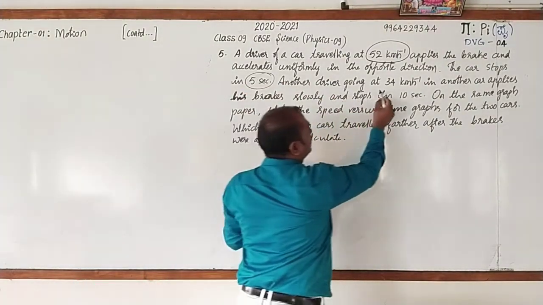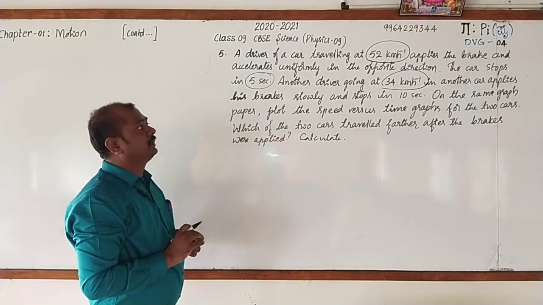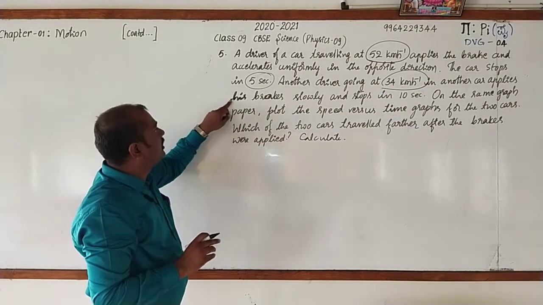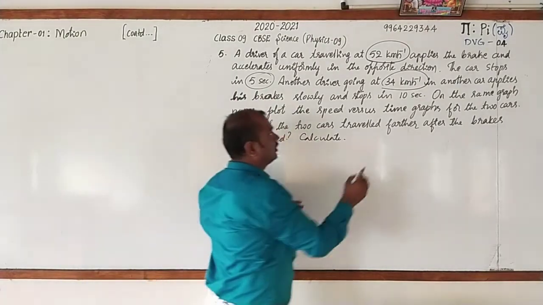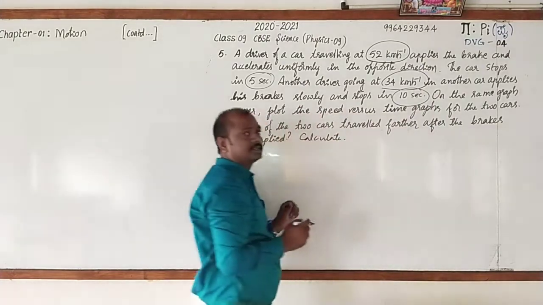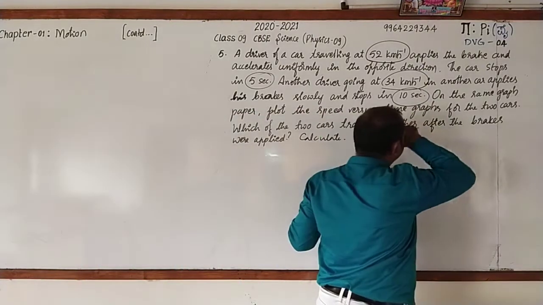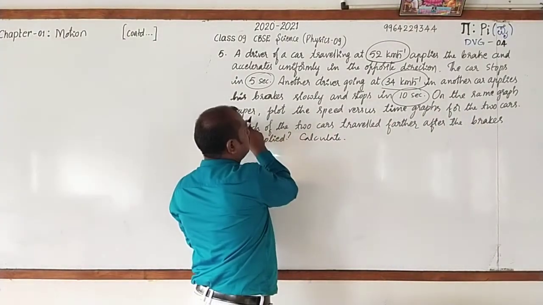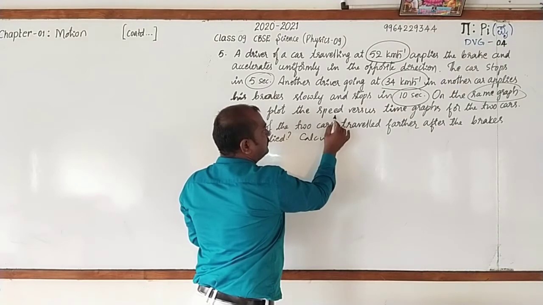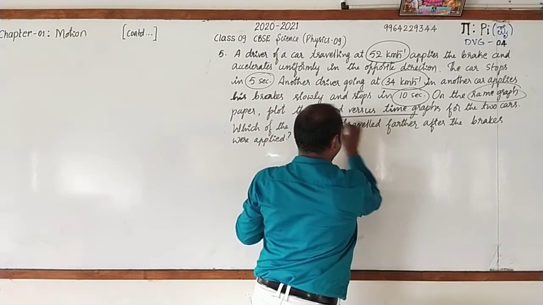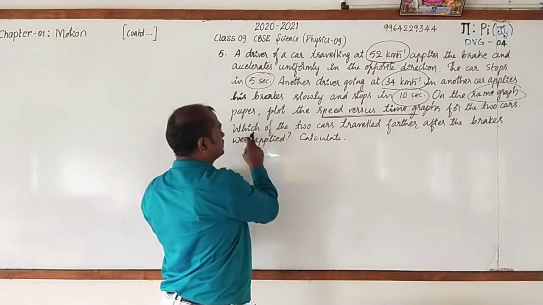Then another driver going at 34 km per hour in another car applies his brake slowly and stops. It takes more time, that is 10 seconds. Now the sub-question is like this. On the same graph paper, plot the speed versus time graph, nothing but velocity time graph, for the 2 cars.